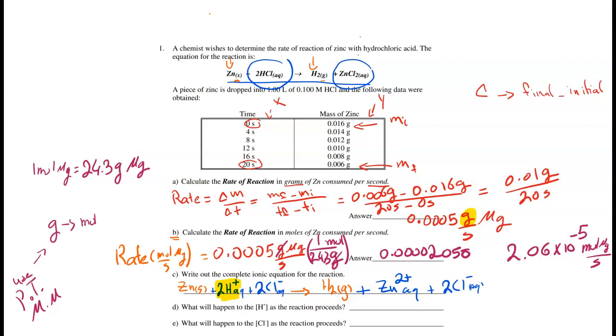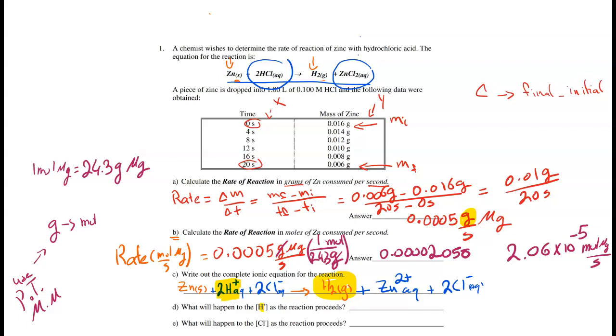So be very careful. It's H plus. This is H2, a neutral molecule, and here you have ions, not the same things at all. Okay, so this is the name of the chemical species, H plus. This has no H plus anywhere, it's H2. So they're not the same.